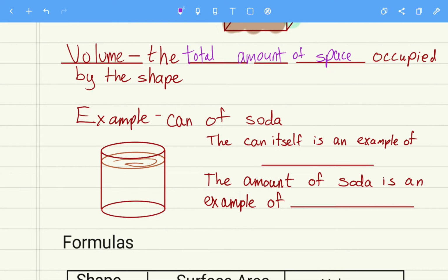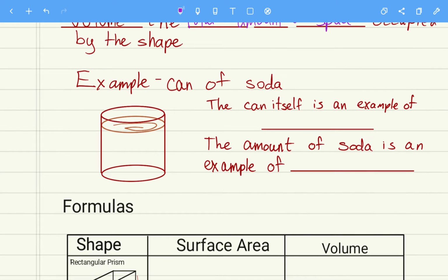Now, one example we could use to conceptualize this is a can of soda. If we have a can here and it's filled with a liquid like soda, the can itself would be the surface area. So if you were to flatten out the soda can, that would be surface area.